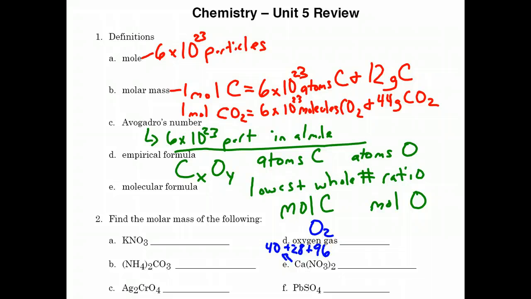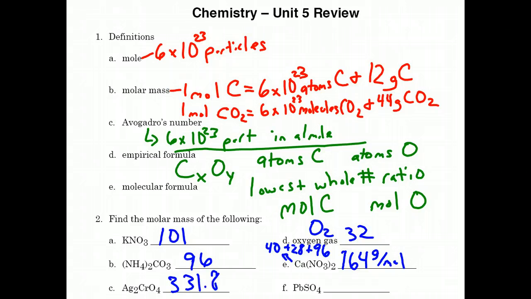So the value for that one would be 164 grams per mole. And then I'll just run through these. This is 32, this is 101, this is 96, this is 331, or 331.8, I guess, and this one is 303.3. And those are all grams per mole.